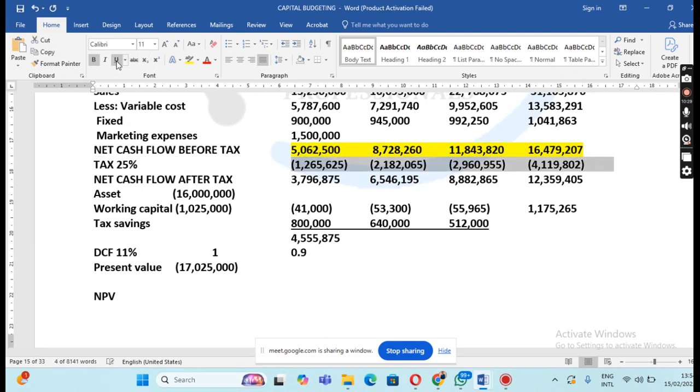So next. Let's move on. So what is the figure? 7,132,895. Sorry.